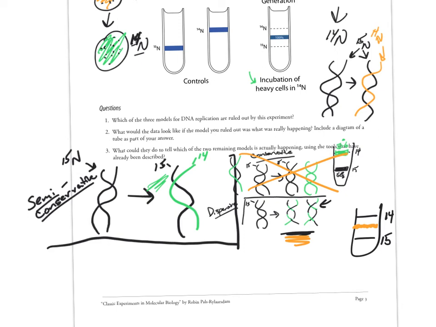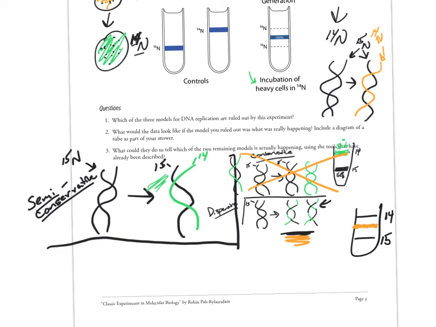Well, let's look and see what happens. Because the predicted results of the semi-conservative model and the dispersive model are both a band in between 14 and 15 after the first replication, this first replication did not help us with the dispersive model. It did get rid of the conservative model, so it left us one of these two to choose from. So let's go on to the second replication.